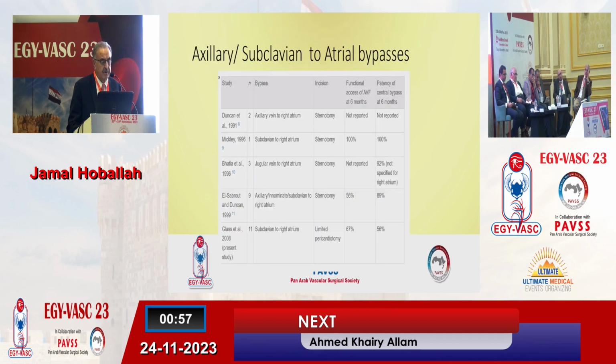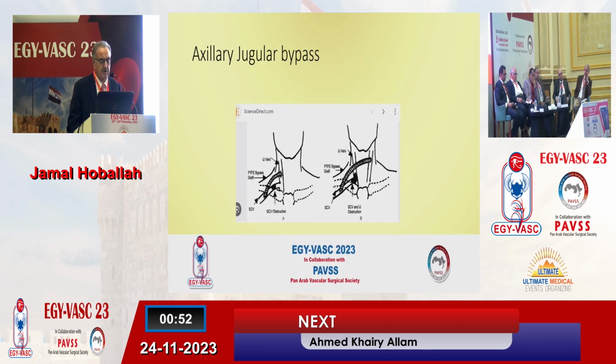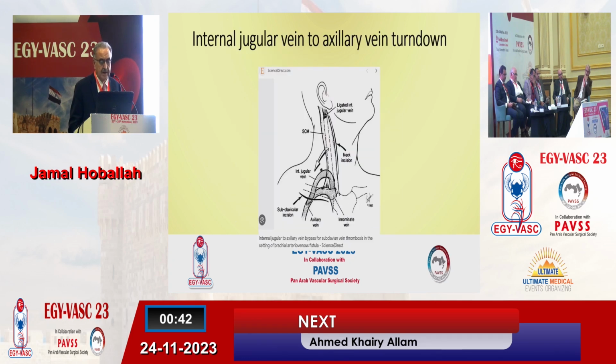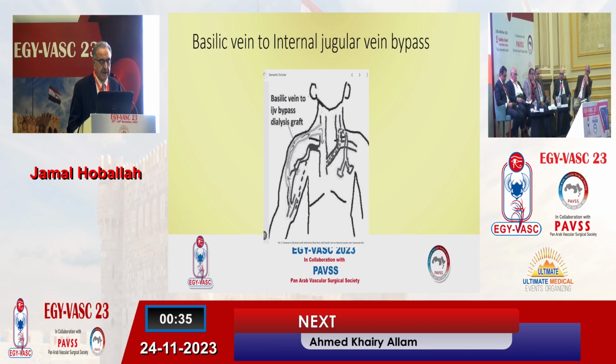They tend to have pretty good outcomes ultimately with good patency rates, but in most situations you end up doing something extra-anatomic: a bypass from the axillary to the jugular, axillary to the contralateral jugular, or even a turn-down of the jugular vein into the axillary vein, depending on the anatomy, or a basilic vein to the dialysis access.